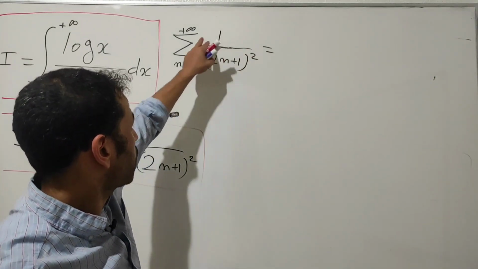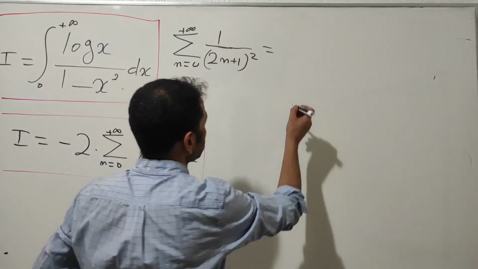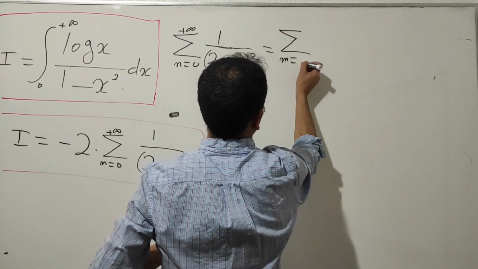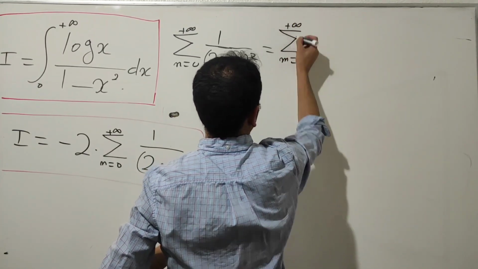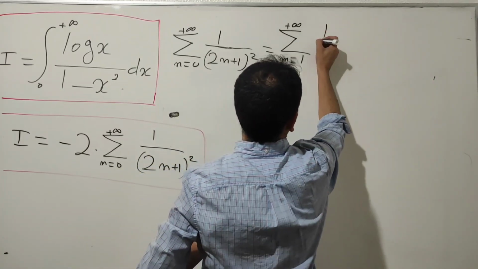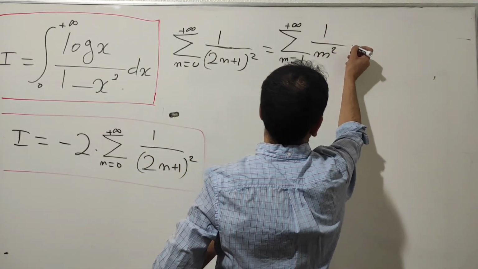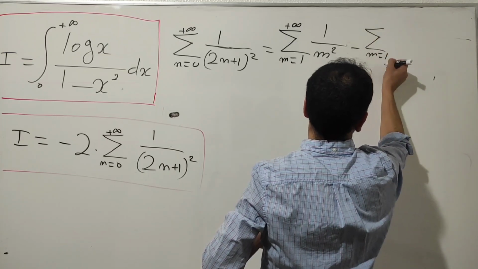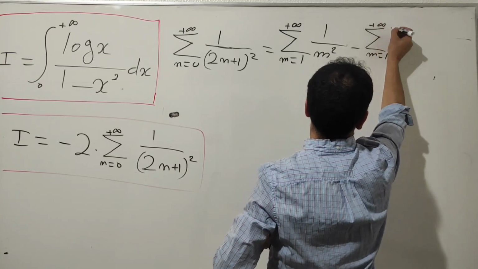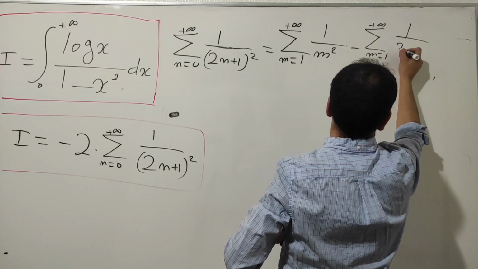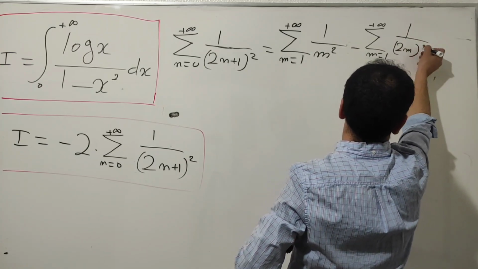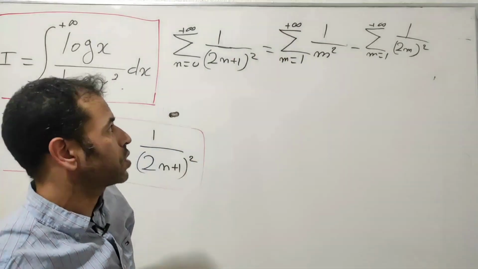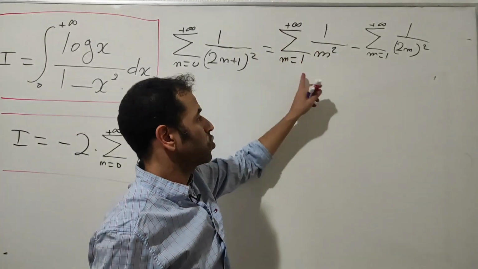But here we have the odd terms, which means I get the sum as m runs from 1 to plus infinity of 1 over m squared, minus the sum of m from 1 to plus infinity of 1 over (2m) squared. By bringing this even part to the right, I get odd plus even equals this one, okay?